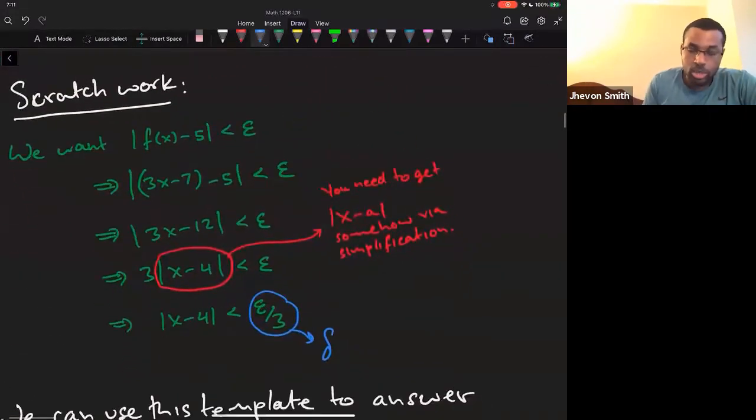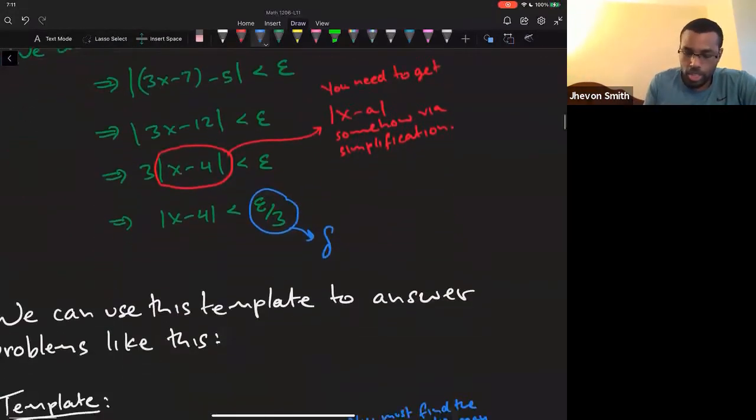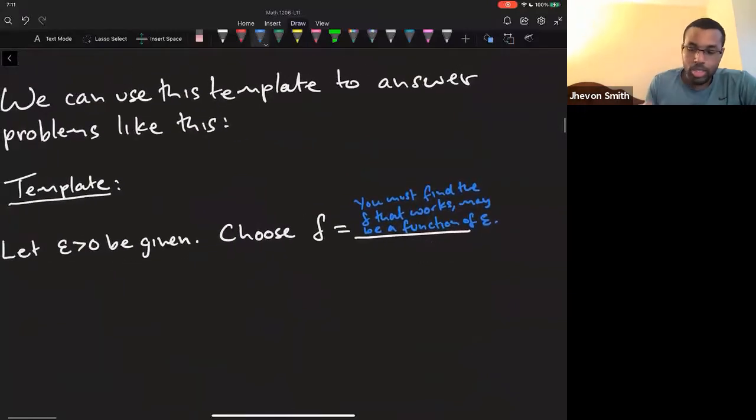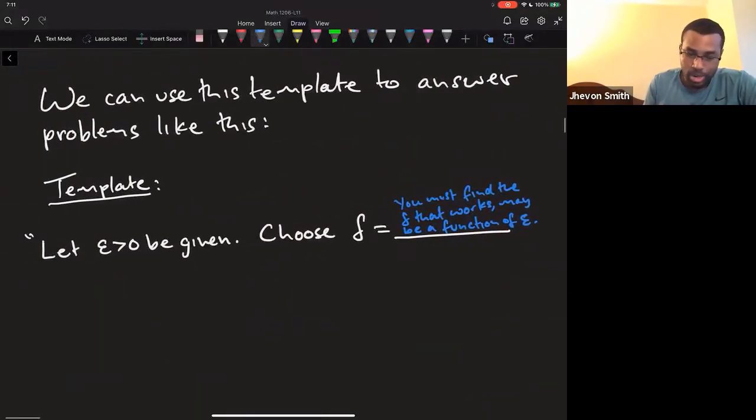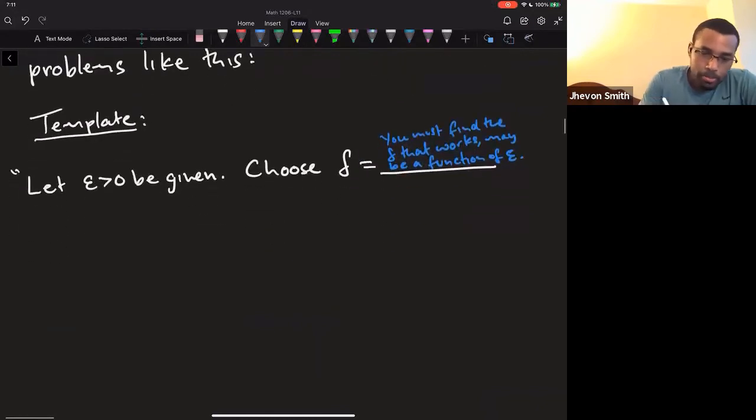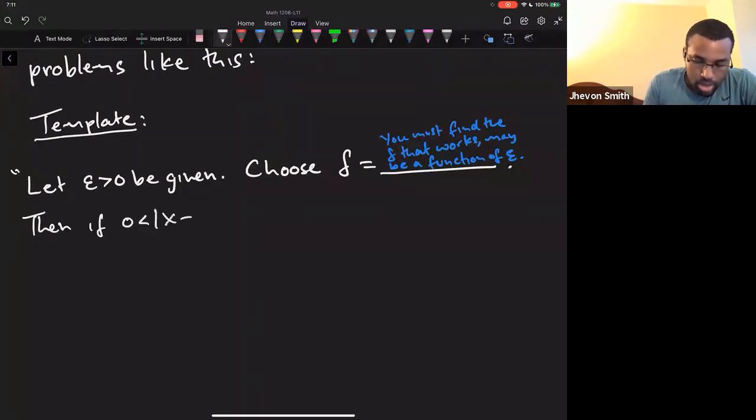So in this case, your delta was epsilon over 3. That's some function of epsilon. So you're going to fill in that value, but otherwise you're writing down what you see right here in white. Then, if the absolute value of x minus a is less than delta. So again, here you need to fill in.